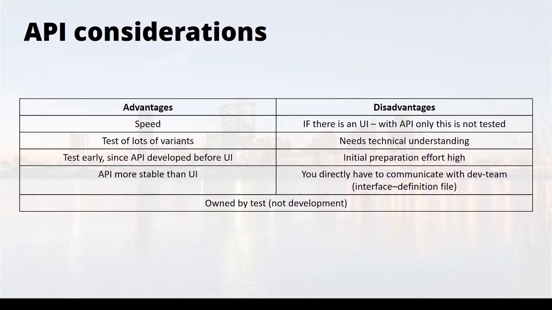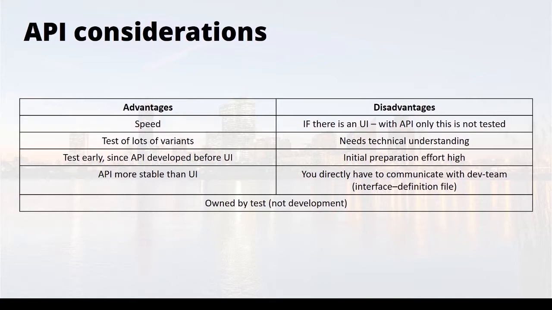Let's continue with the API considerations. So, quite high level, but I would say very useful, is to think about advantages and also disadvantages of API testing. So one of the main advantages, I do think, is the speed, because Tosca is testing the API services at an incredible speed.